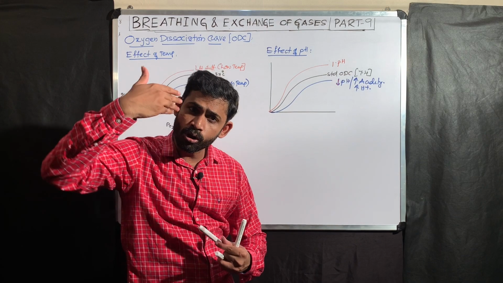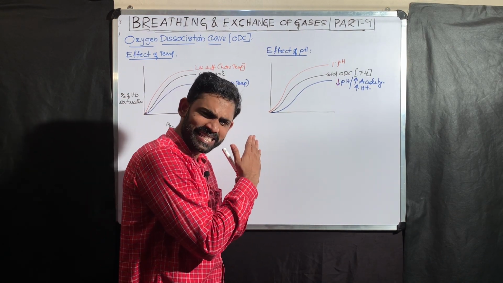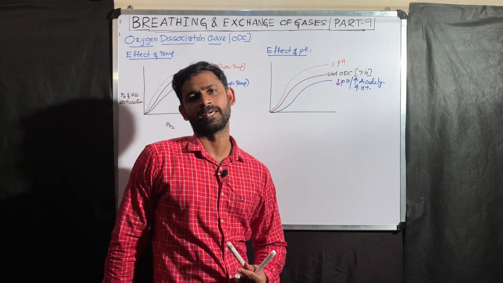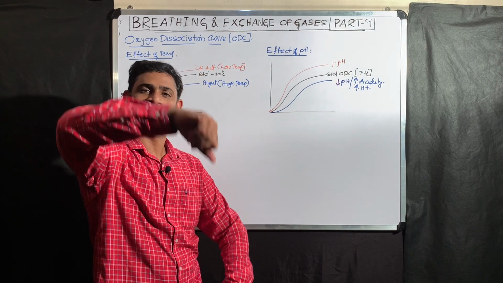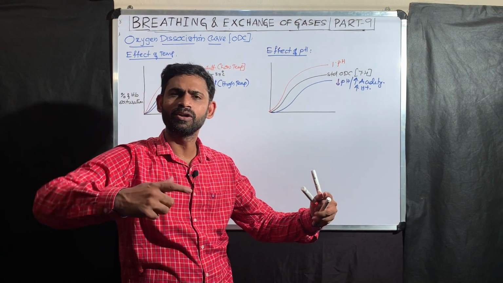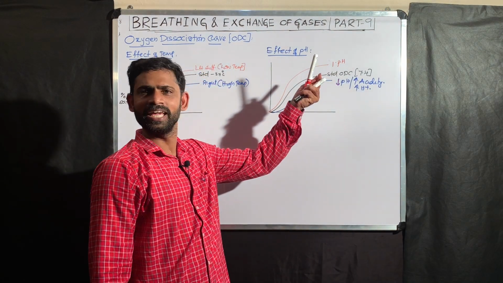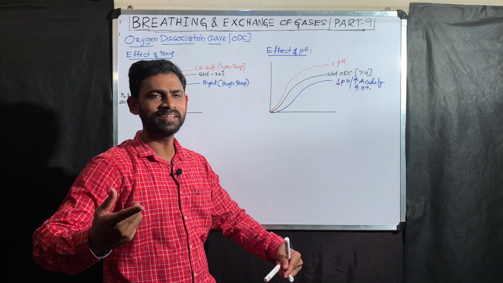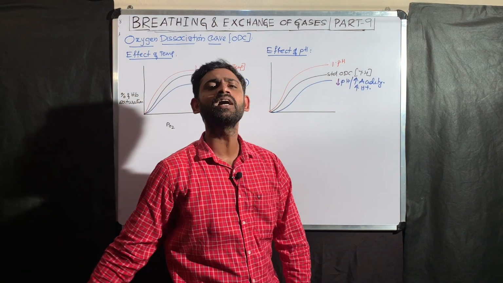That means hemoglobin should easily dissociate from the oxygen in oxyhemoglobin. Then oxygen is more available to the tissues. That means when the H plus ion concentration or acidity increases, the pH decreases, and automatically the standard curve is shifted towards the right side.